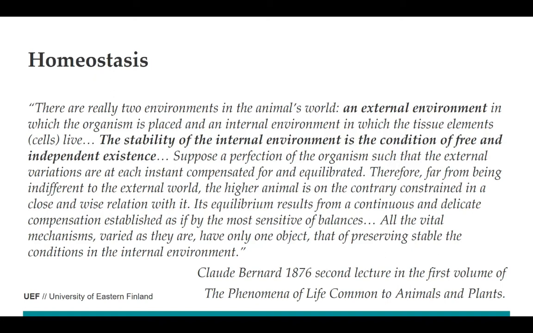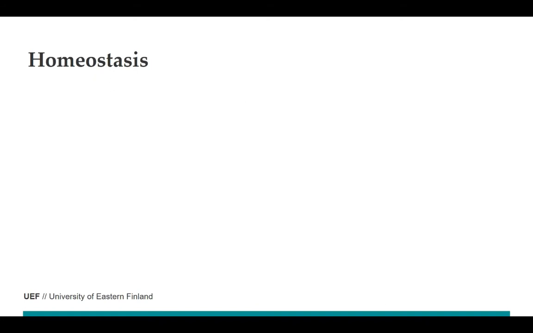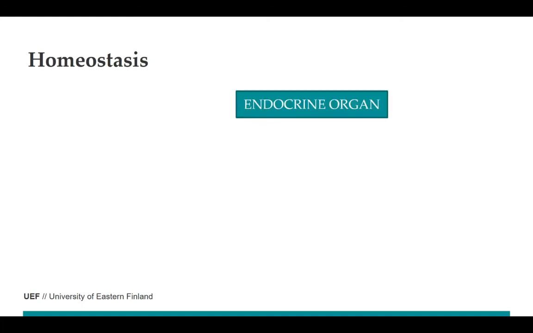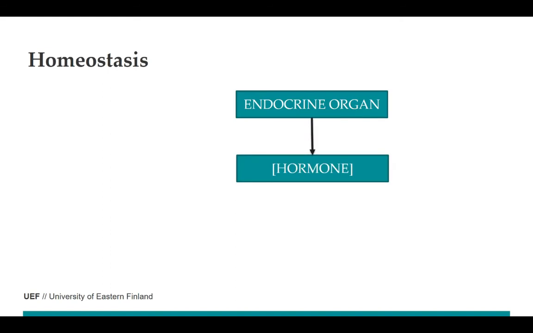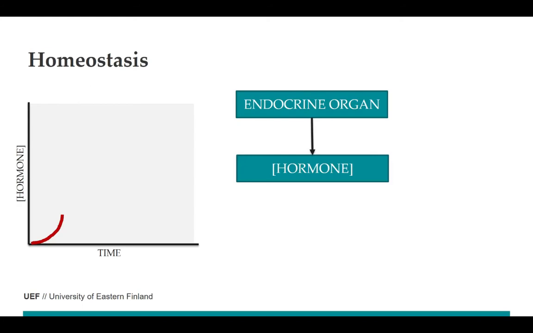In the internal environment. And what does it mean? Well, a very simple way to keep something constant, we can think of hormones. We have endocrine organs that are releasing hormones into the circulation, and that will of course increase the hormone concentration.